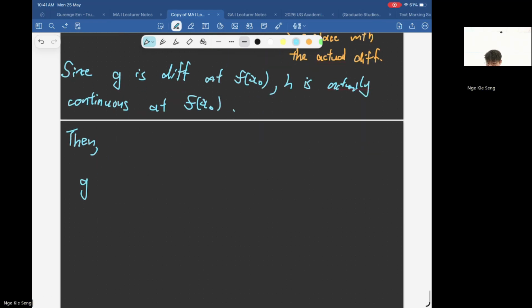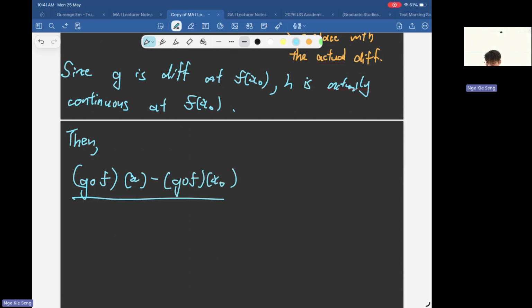Then (g∘f)(x) minus (g∘f)(x_0) over x minus x_0 will be equal to h(f(x)) times (f(x) minus f(x_0)) over (x minus x_0).